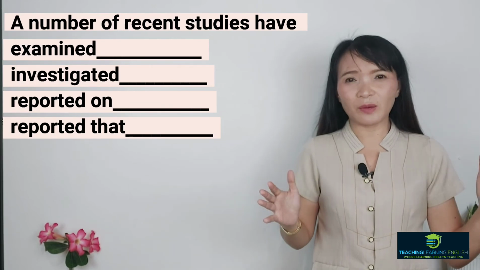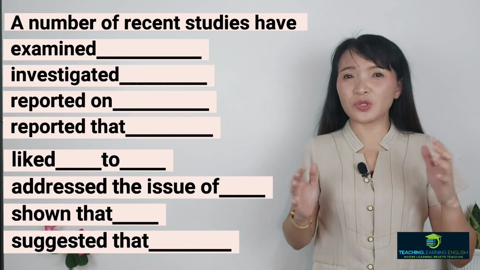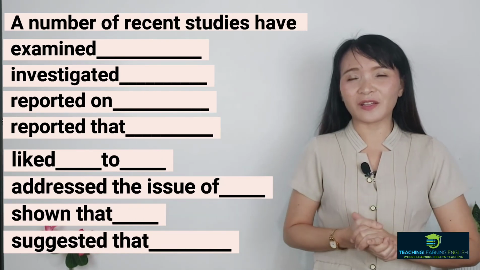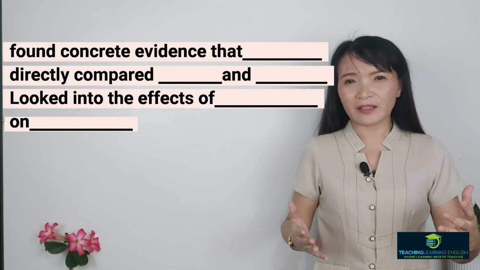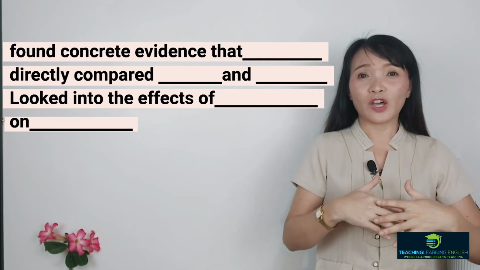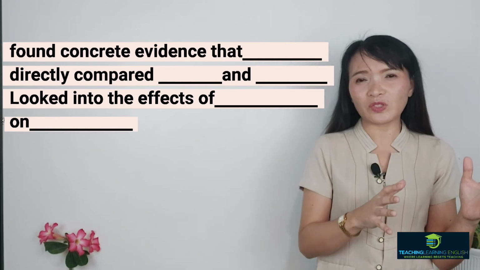So you just add the subject like "blank to blank," "address the issue of blank," "shown that," or "suggested that," or "found concrete evidence that blank," "directly compared" what subject and another subject, "looked into the effects of blank" on what subject.